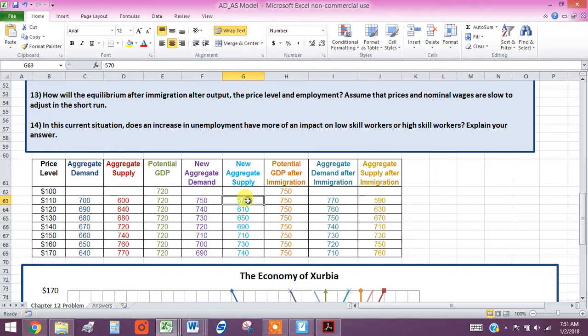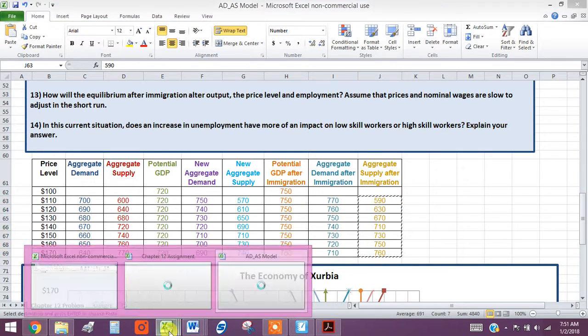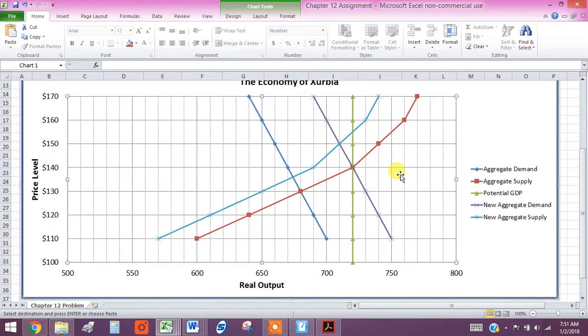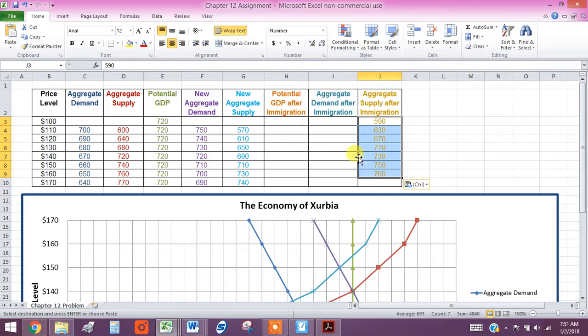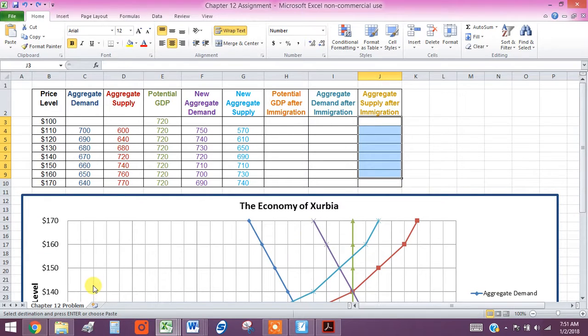So 570, 590, 610, 630. You're going to need to type all of these in, but I'm going to copy them because I don't want you to watch me type. Control C, and then I'm going to go to our graph that we're working on and go Control V. Did I do that right? No, I did not. Let me undo that and do that again.